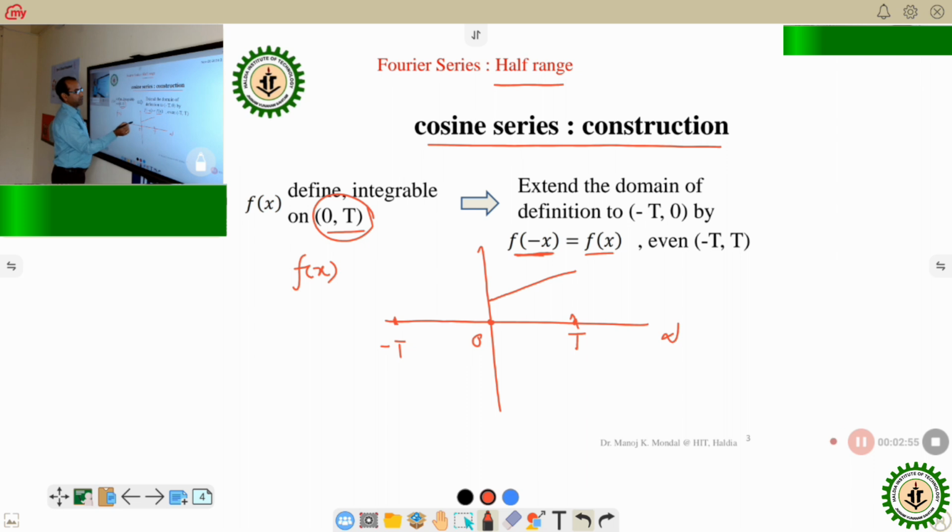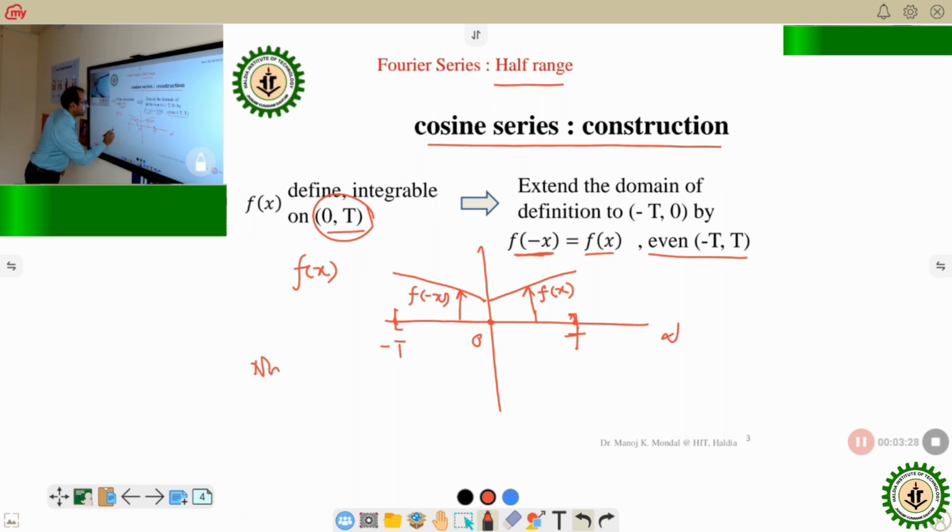If I plot the graph, it will look like this: this side is f of x, and this side is f of minus x. Now the function is defined over the interval minus t to plus t, so it is an even function on that interval.